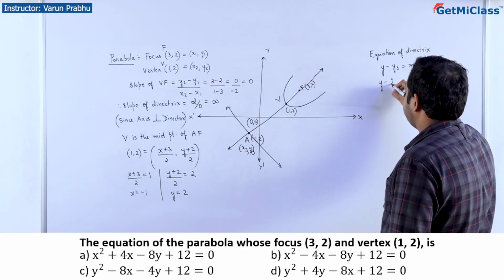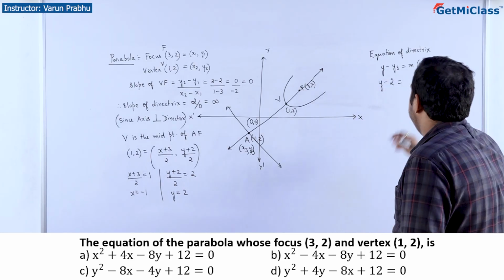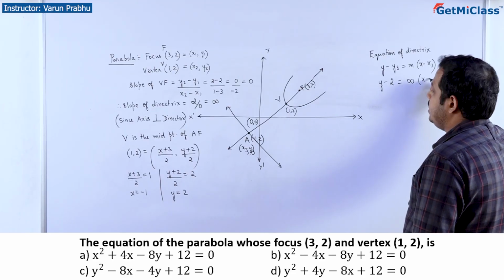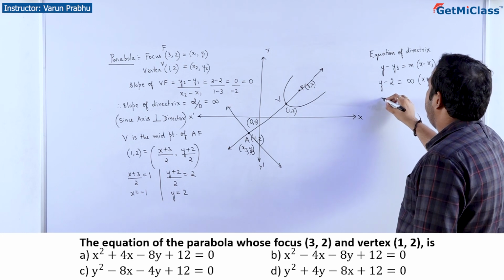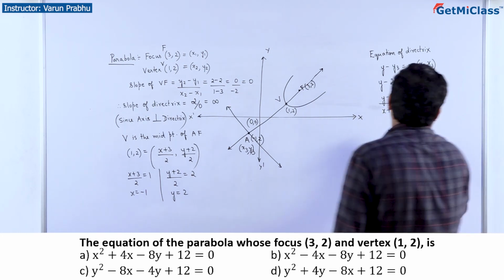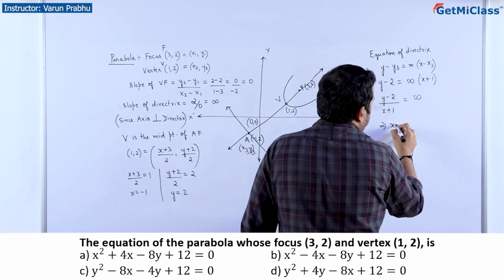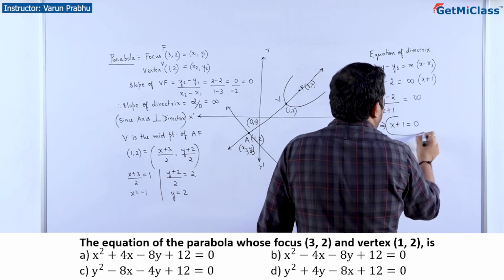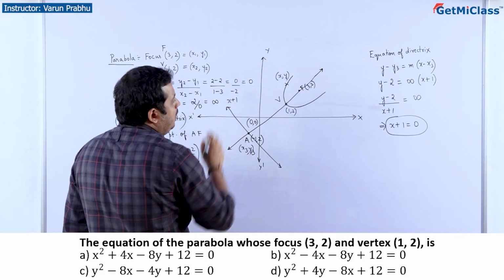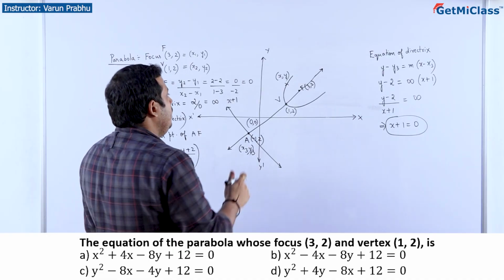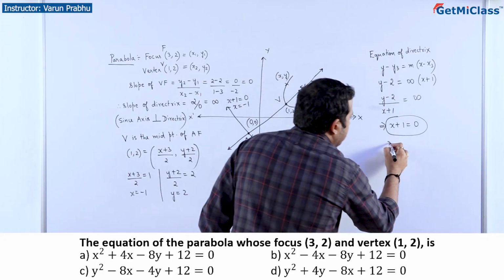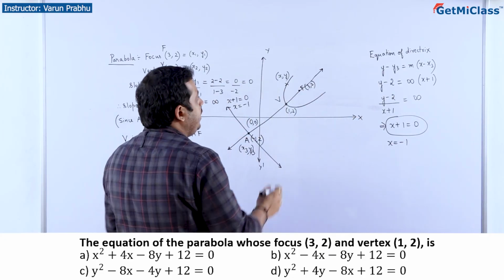So y minus 2 is equal to infinity, the slope of the directrix, into x minus x3. So y minus 2 divided by x plus 1 should be equal to infinity. When do you say the answer will be infinity? Only when the denominator becomes equal to 0. So the equation of this directrix will be x plus 1, so I can write x plus 1 is equal to 0, or x is equal to minus 1. So x equals minus 1 is the equation of the directrix.